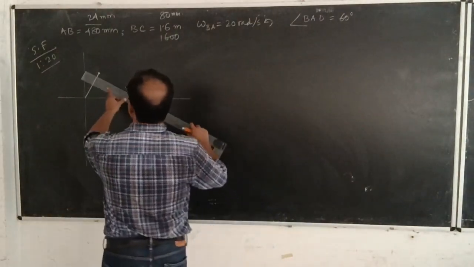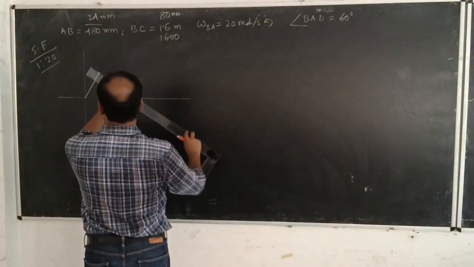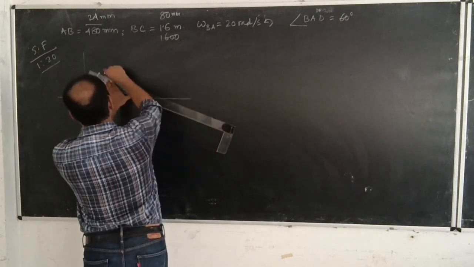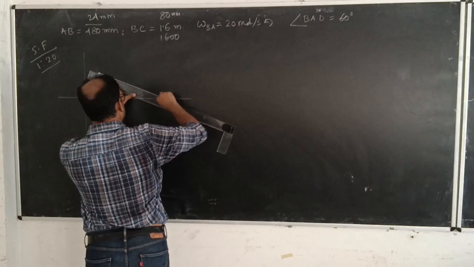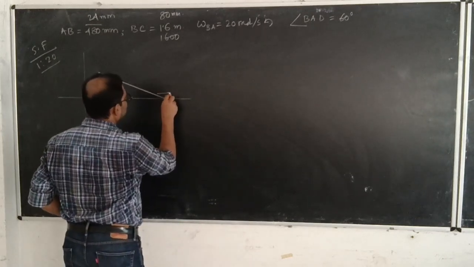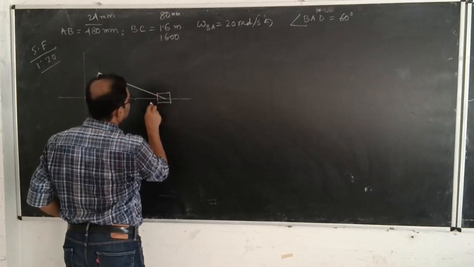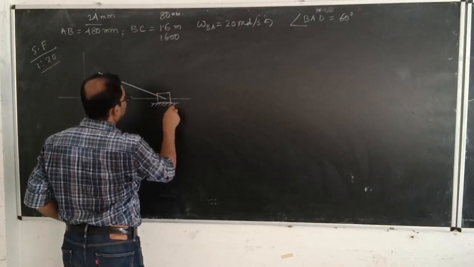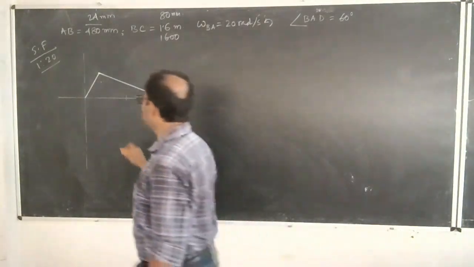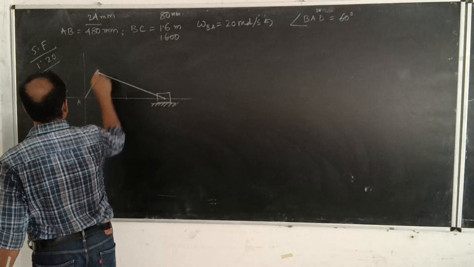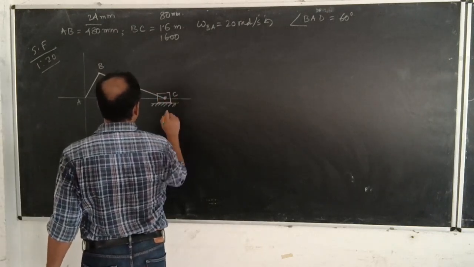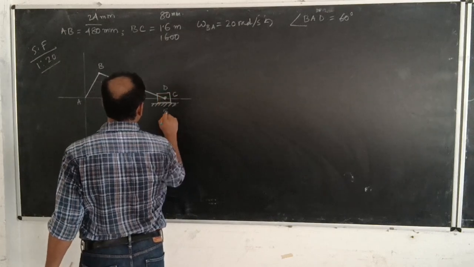Again, this length, suppose, if you are considering AB, then this is BC and this is D and this is G.